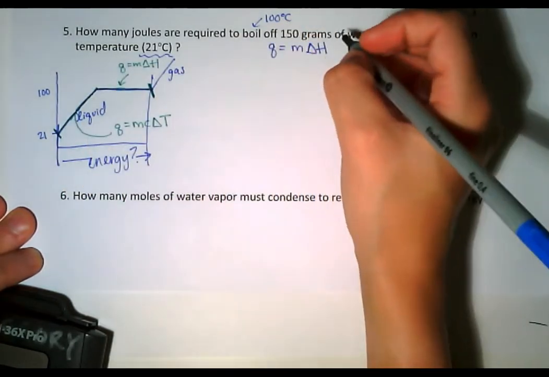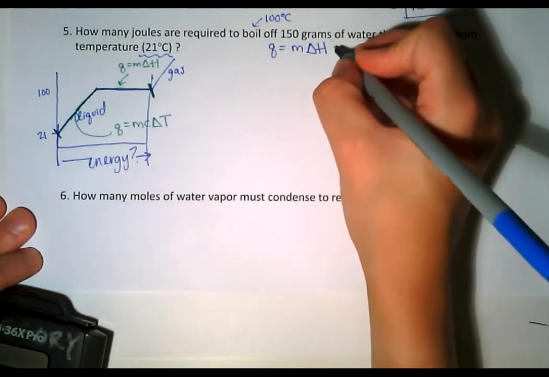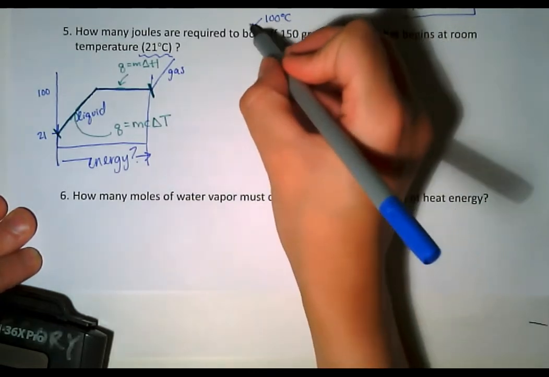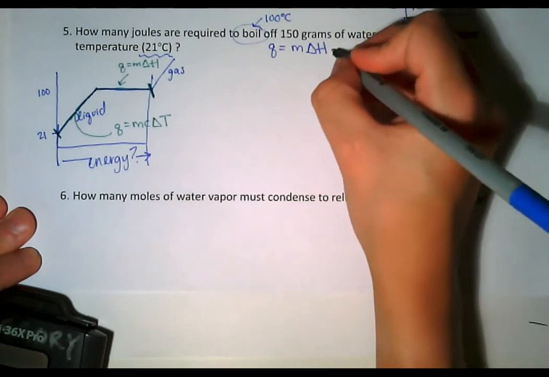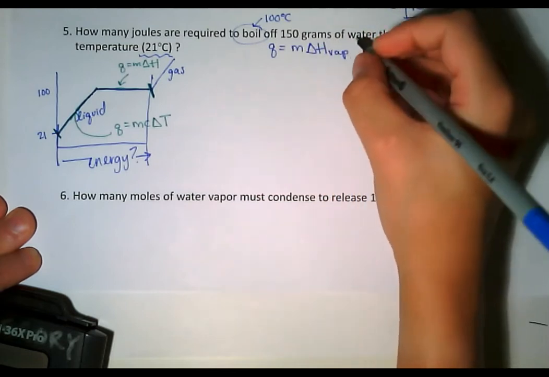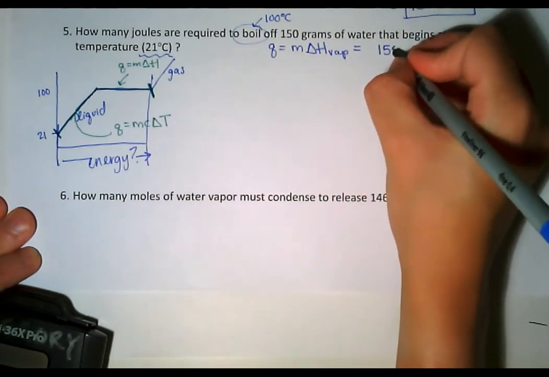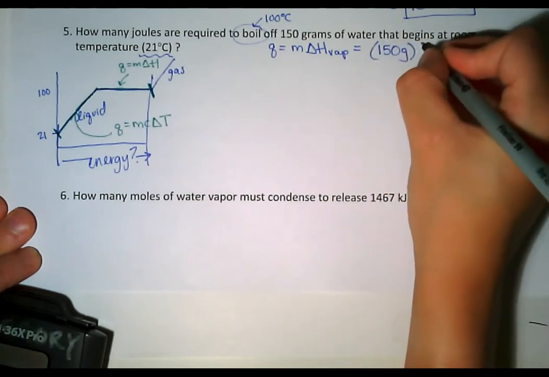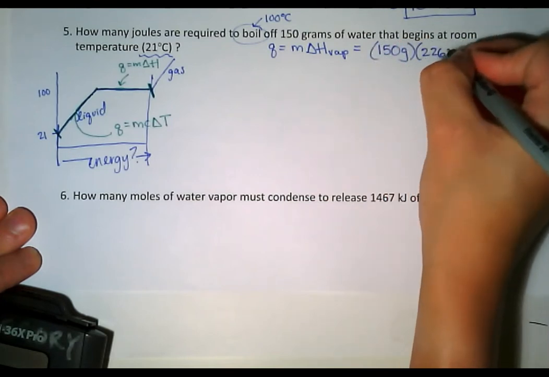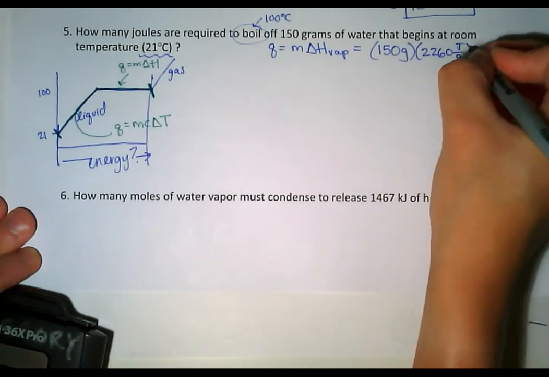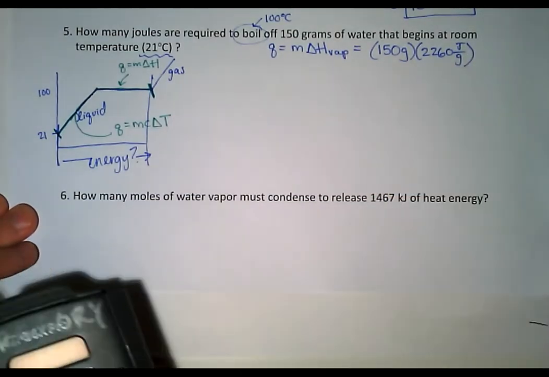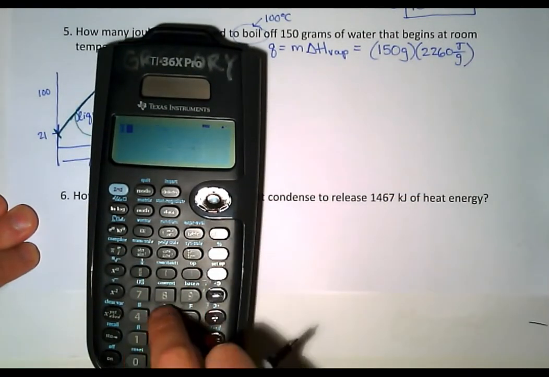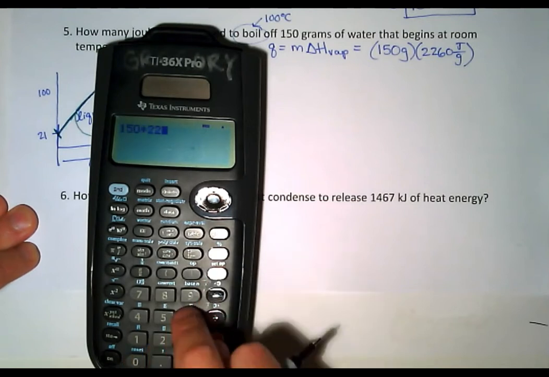So let's start with the easy part. Let's do Q equals M times delta H. And since we're trying to boil water, this is going to be our delta H of vaporization. So we have 150 grams of water times our 2260 joules per gram. And so that's going to get us our first number, 150 times 2260.